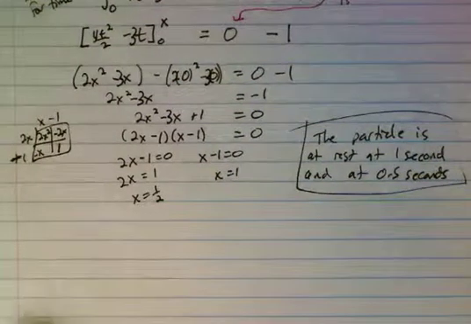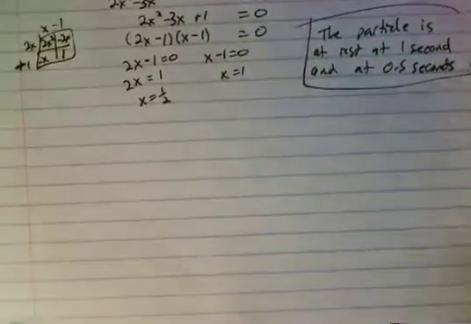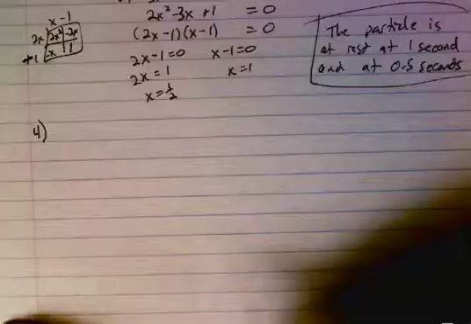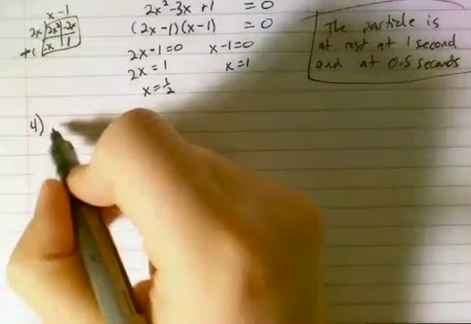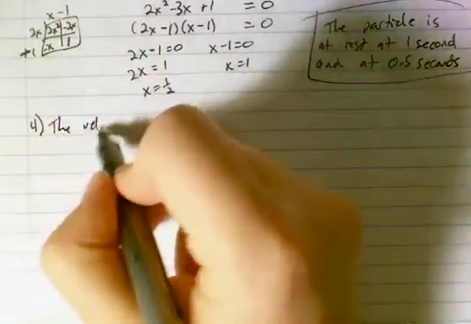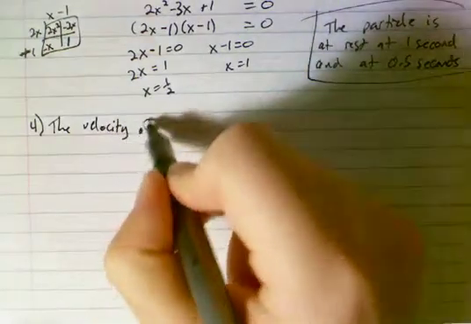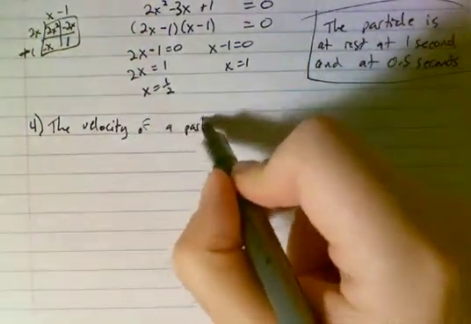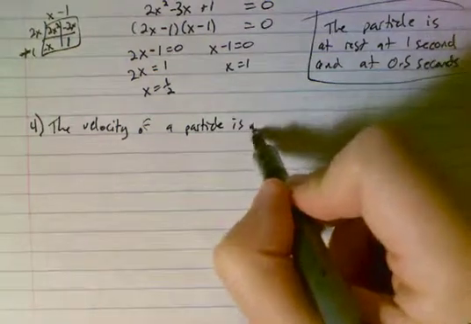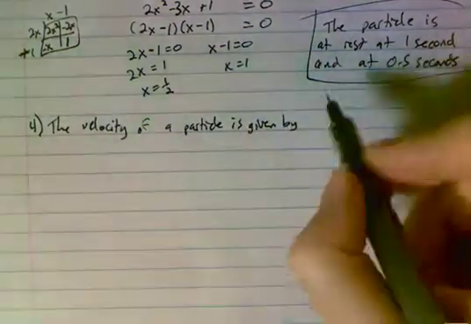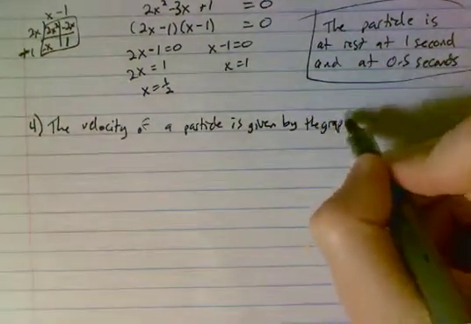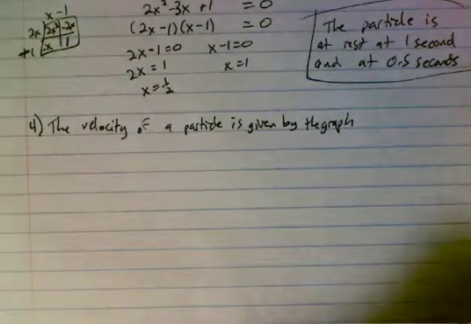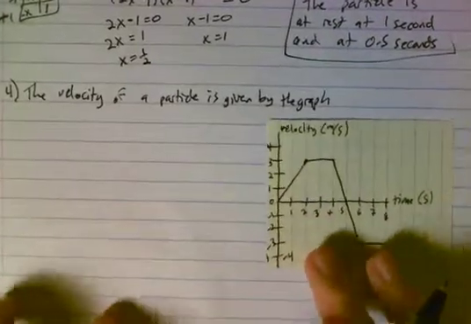There are also a lot of good problems we can get from graphs. So let's look at problem number 4. We're going to do a bunch of parts on this. So the velocity of a particle is given by the graph. And here's this right here.